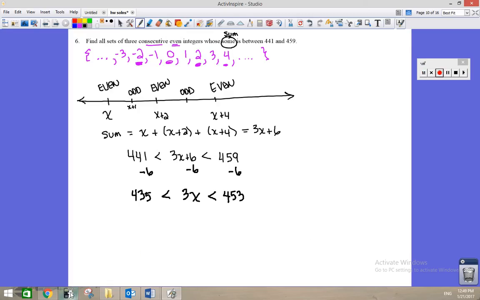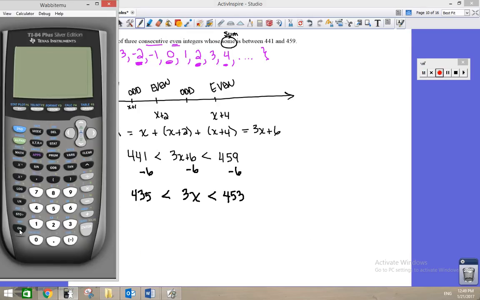Let's divide each of these numbers by 3. 435 divided by 3 is 145, and 453 divided by 3 is 151. So all I did was just divide everybody by 3, right?